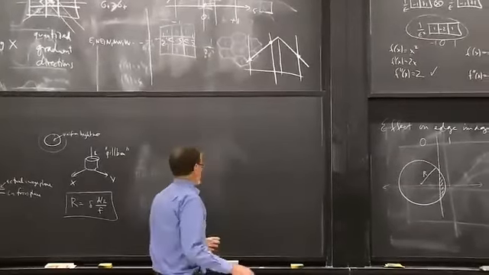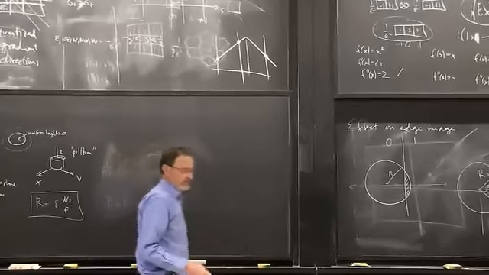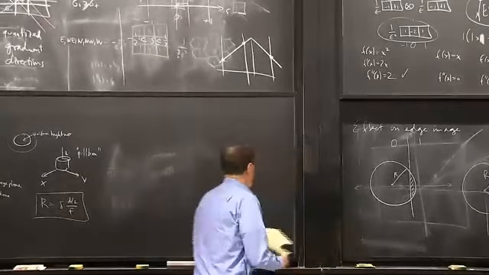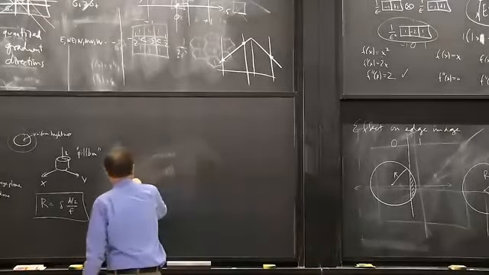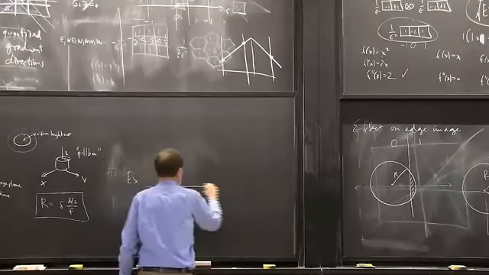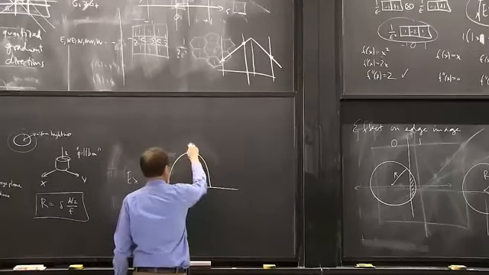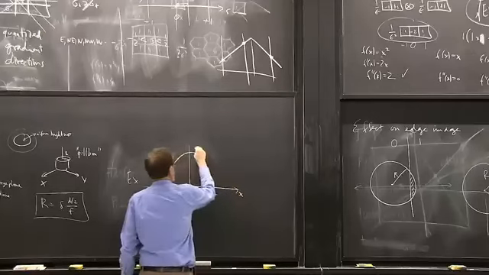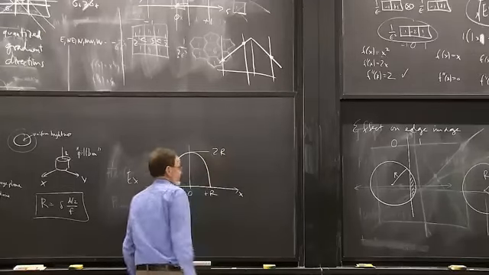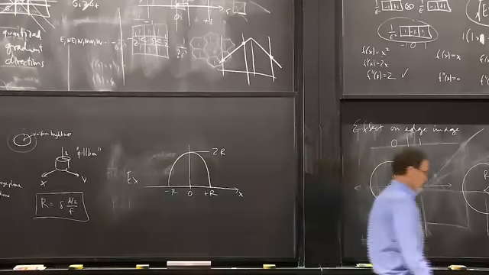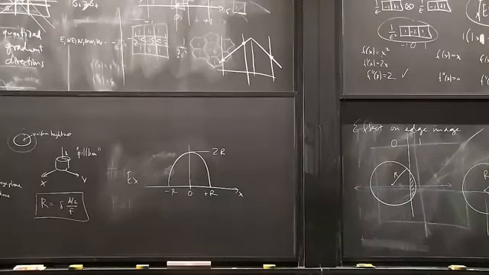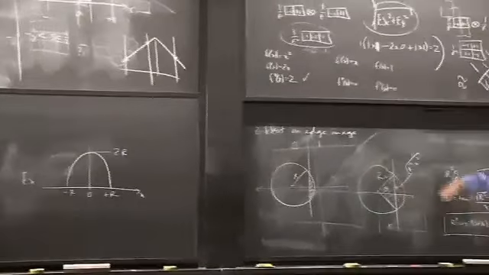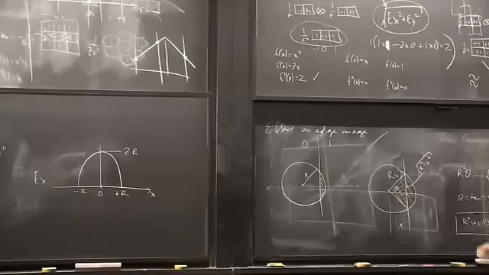So another way of looking at this is to plot this diagram. Where does that come from? That looks like a circle, except it's elliptical because it's been increased in height by 2.